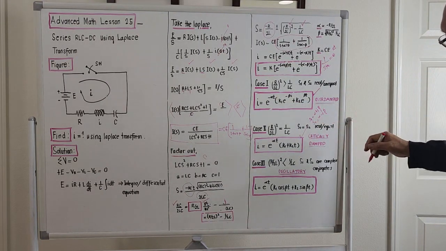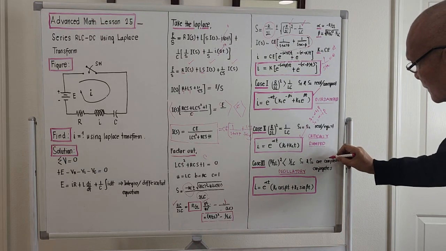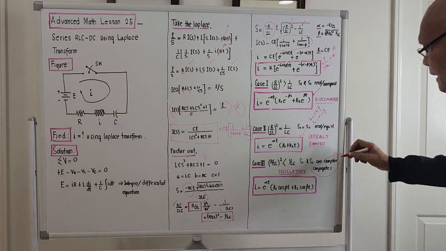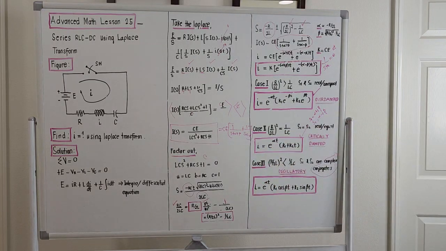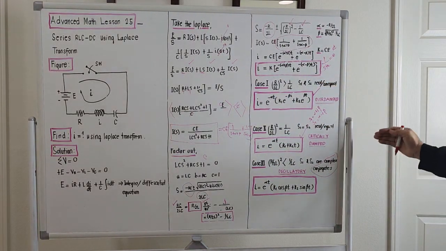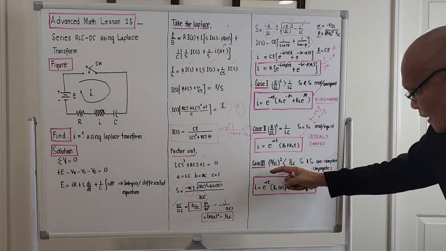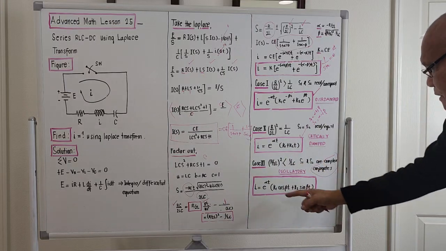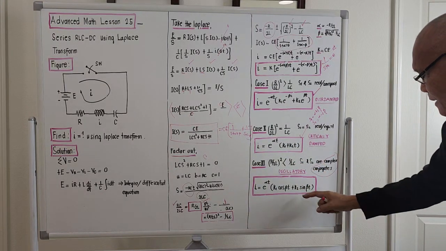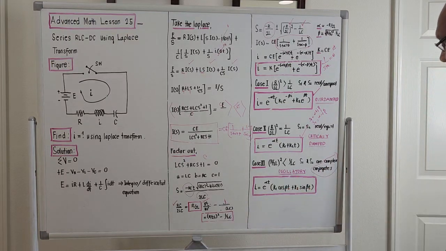They are simply complex conjugates. And the solution for case number 3, by using Euler's equation after the simplification, i now will be e raised to alpha t times open quantity k1 cosine of beta t plus k2 sine of beta t, closed quantity.